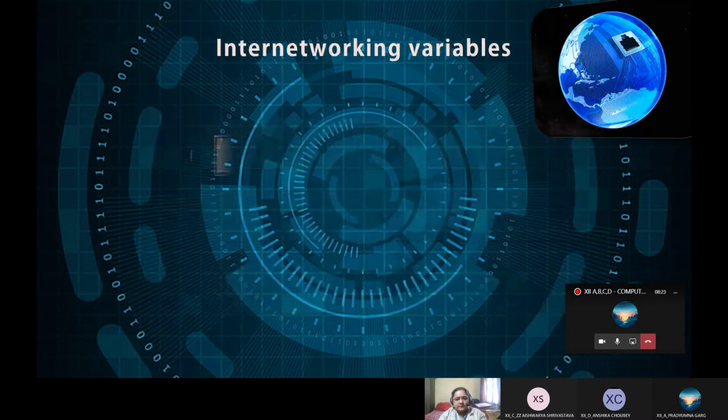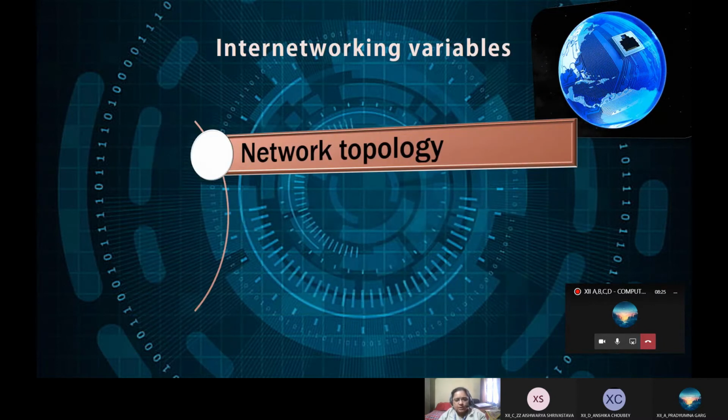Next is inter-networking variables. Network topology, we have to decide about the topology, whether we are going to connect all the devices in a bus topology or a star topology or a ring topology, tree, mesh, graph, and whichever topology is very suitable for the place where we are looking for setting up a network.